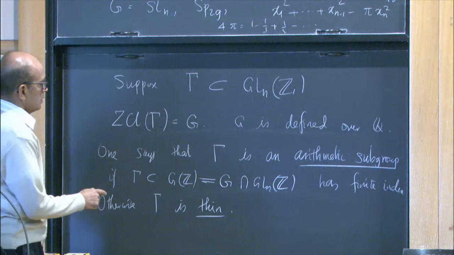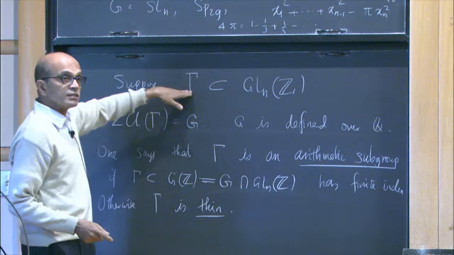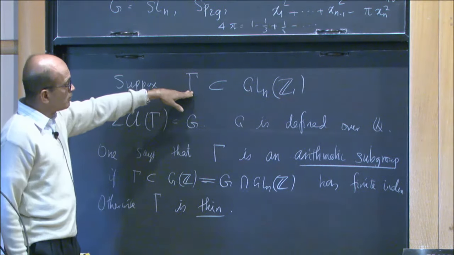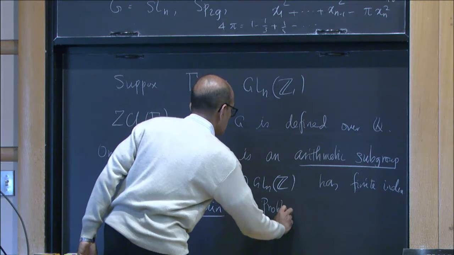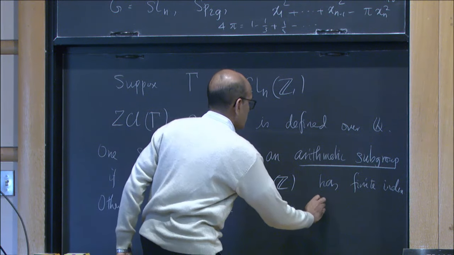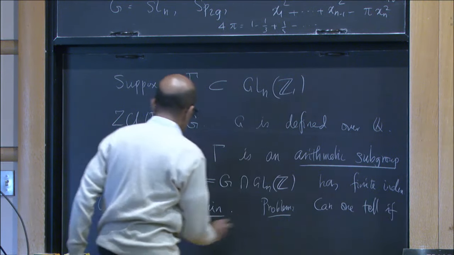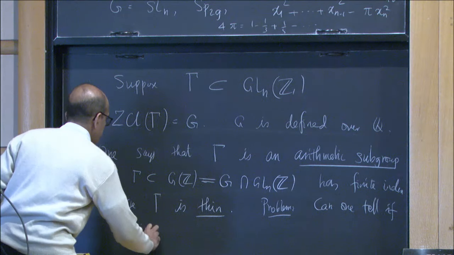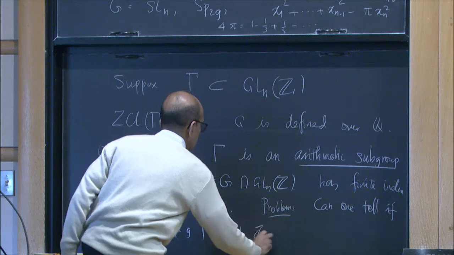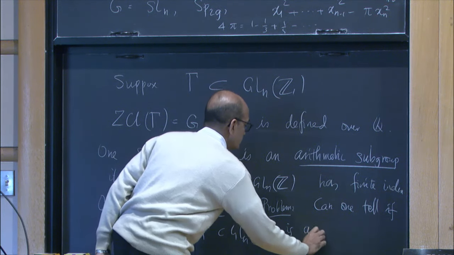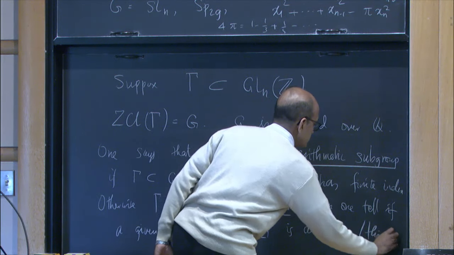Okay, so what we want to understand is whether a given finitely generated group is an arithmetic group or not. Can one tell if a given finitely generated gamma in GLnZ is arithmetic or thin?